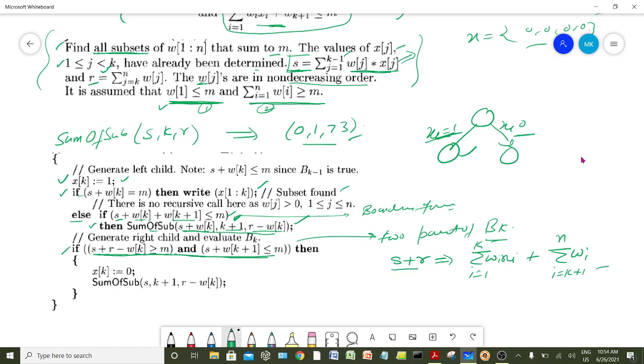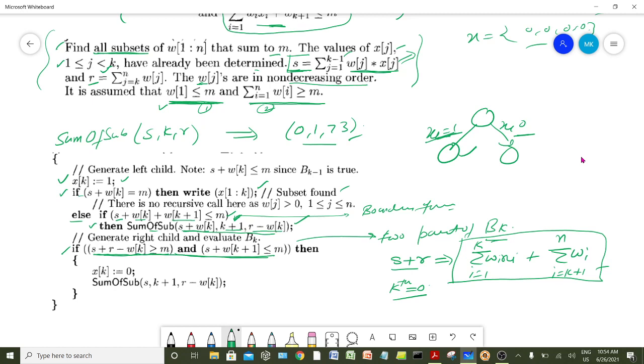So if your kth item was not included, that is, x of k is equal to 0, then we need to negate the weight of the kth element.